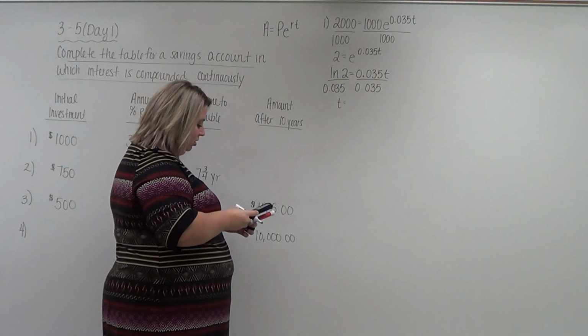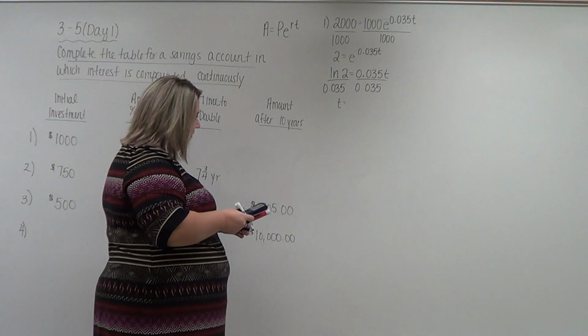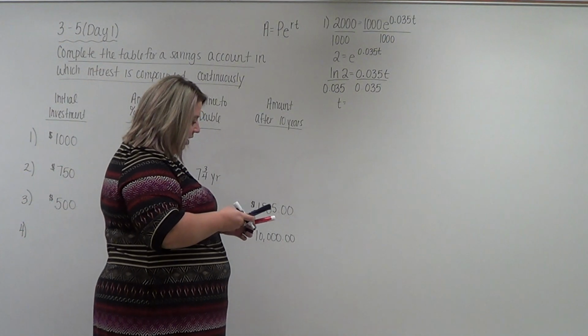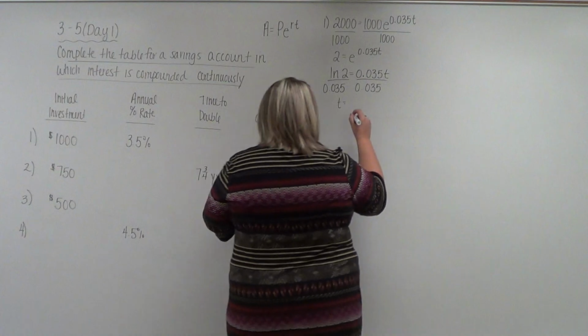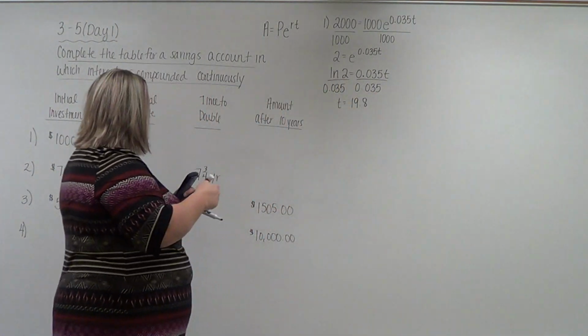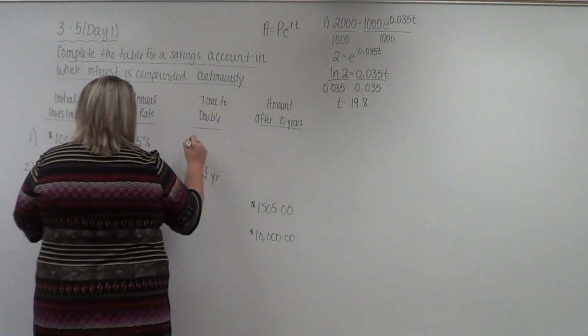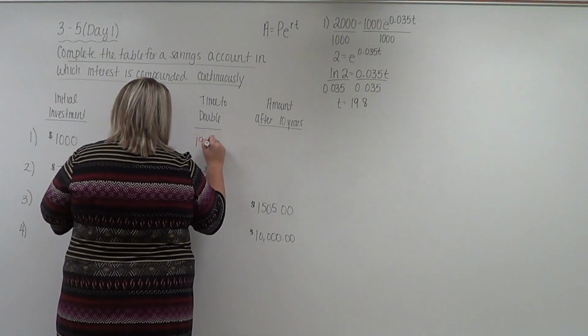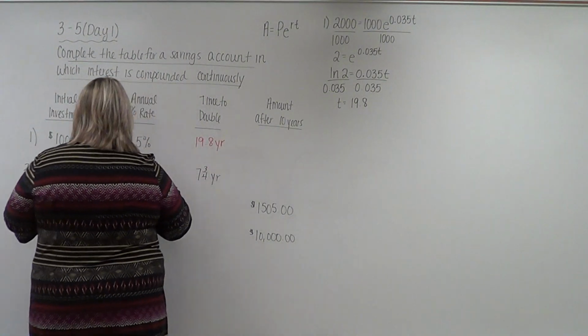So natural log of 2, divided by 0.035, would be 19.8. So then I know my time to double will be 19.8 years.